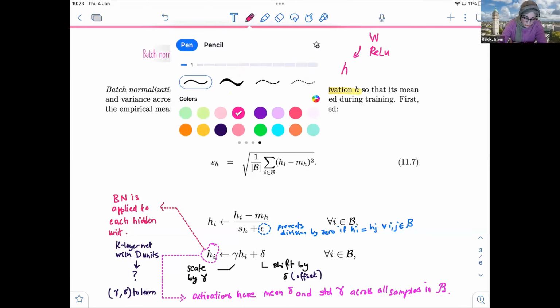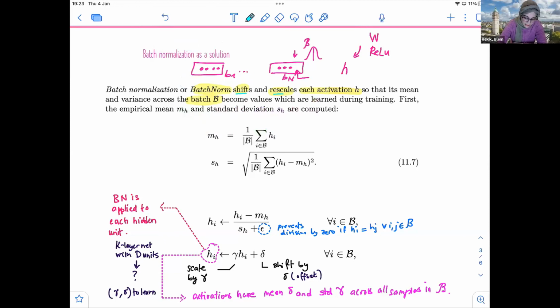Here, what we are shifting and rescaling is the activations of the neurons in our layers, and we're trying to create a normalization using the batch that we have, okay? So first, we need to calculate the empirical mean, MH, and the standard deviation, SH.